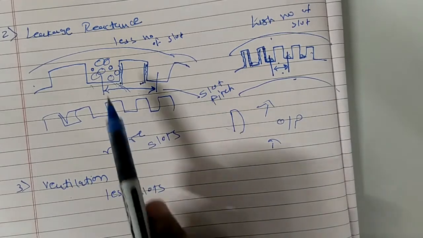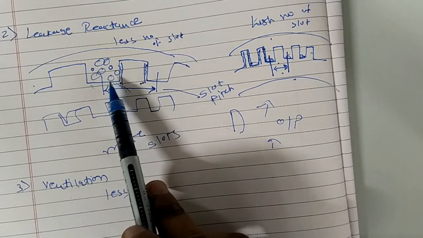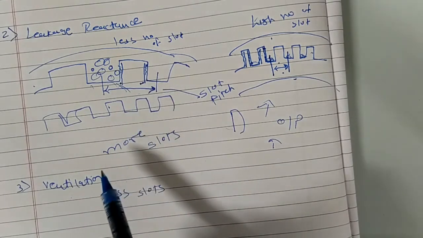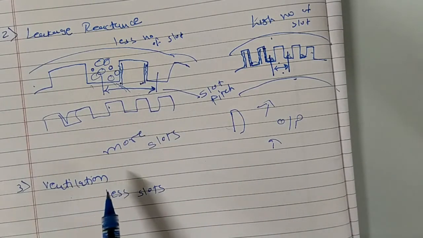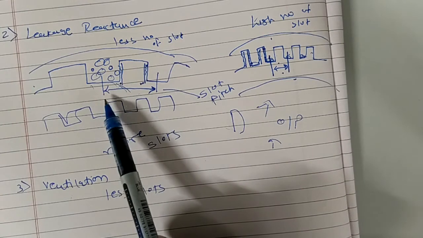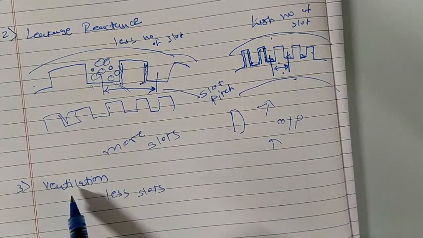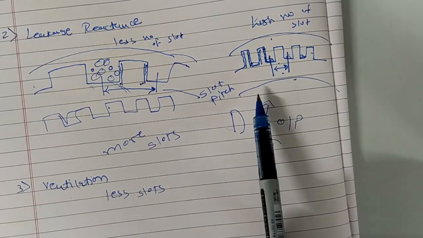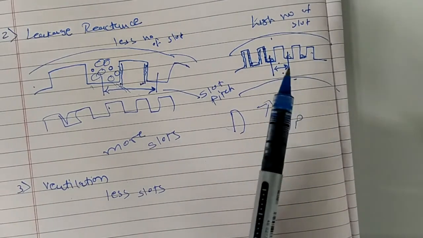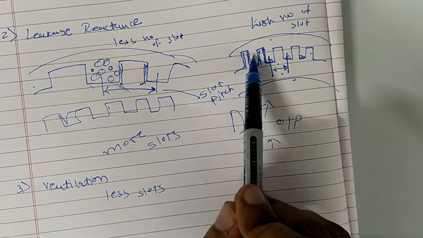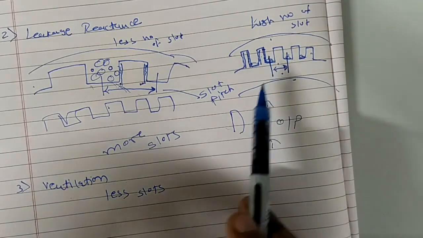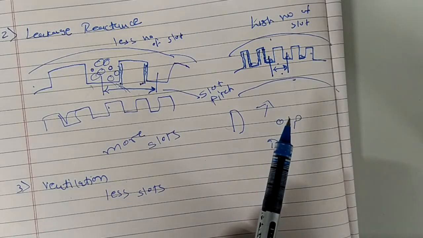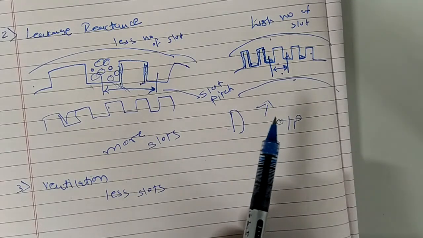But let me tell you, this is not the only method of cooling an induction motor. There are certain other methods. This doesn't mean we always have to go for fewer slots if we want better ventilation. Even with a higher number of slots we can have better cooling, but not within the slots of the stator. So ventilation is our third priority.